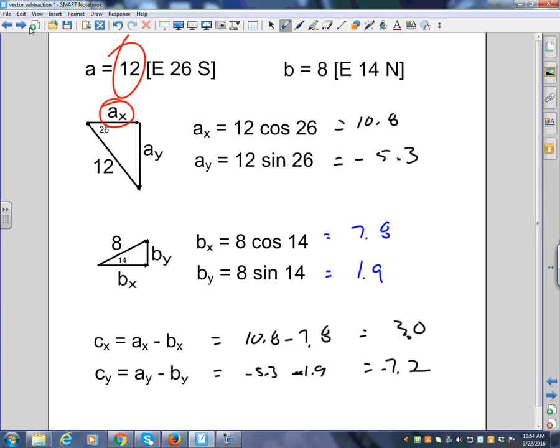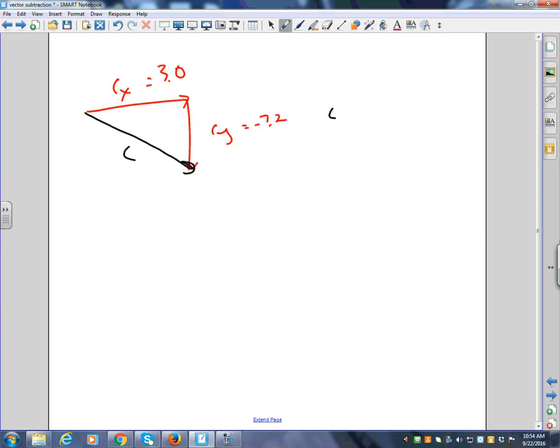Okay, so now what's the next step? C squared is 3.0 squared plus minus 7.2 squared. And don't forget to take the square root.